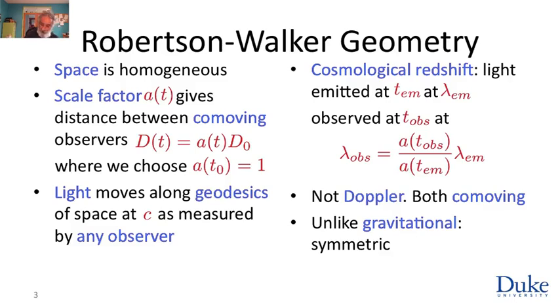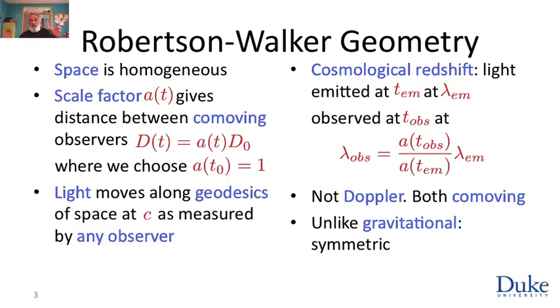And indeed, the distance between two observers scales with time, just as the uniform expansion that we saw determines it. And again, we pick a time t0, which if you want, we can set to 0, and say that the scale factor now is 1, and then scaling away, multiplying by a.